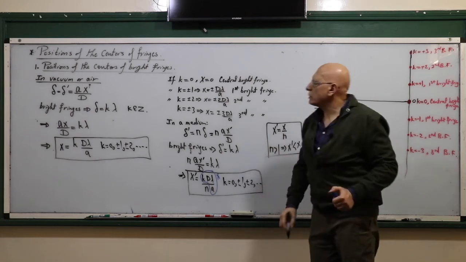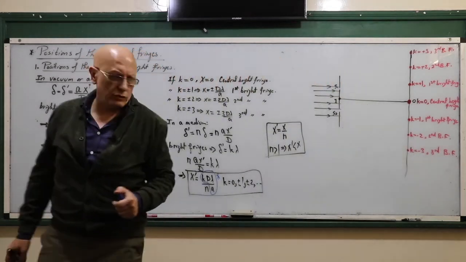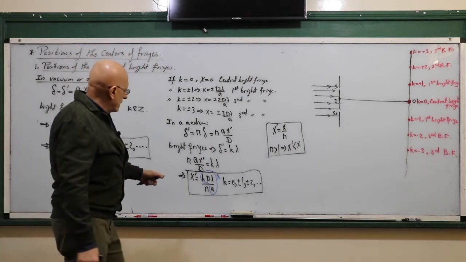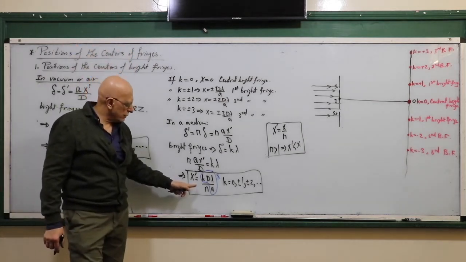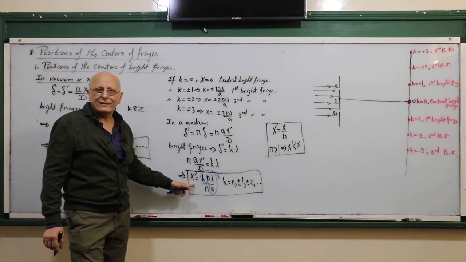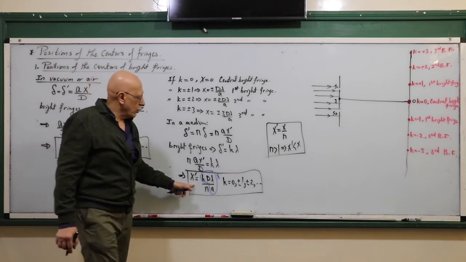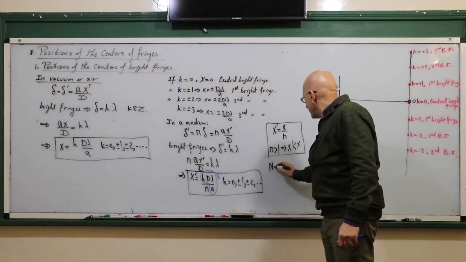This was about positions of the centers of the bright fringes. Also, you can derive this formula, before I talk about dark fringes, in a second way. Notice here, okay?